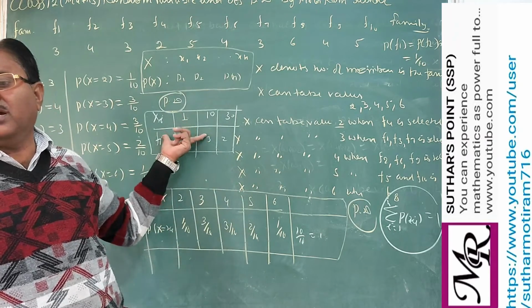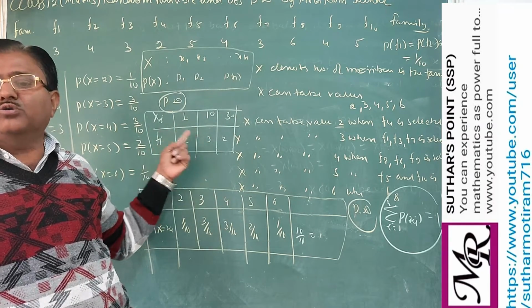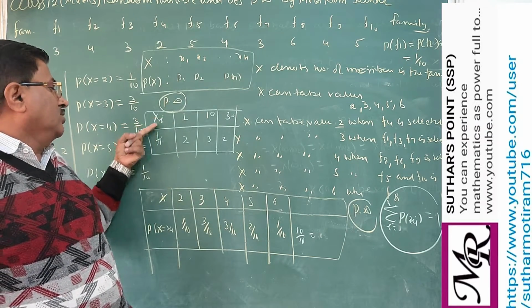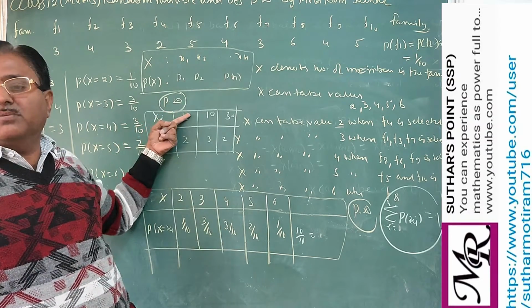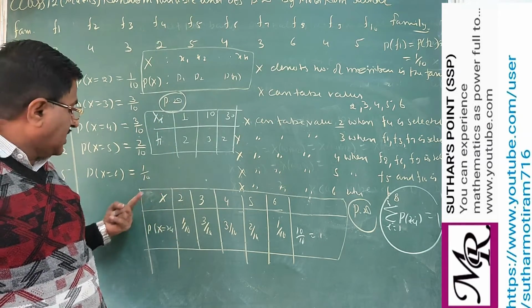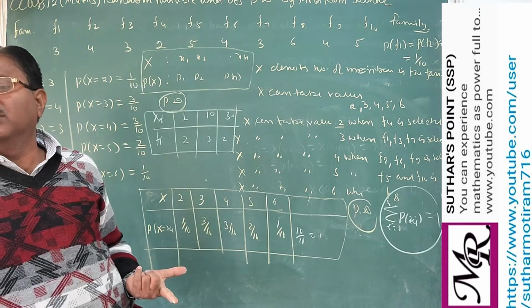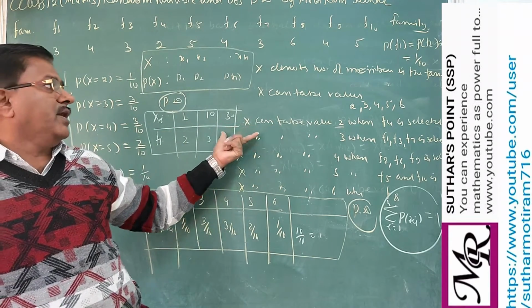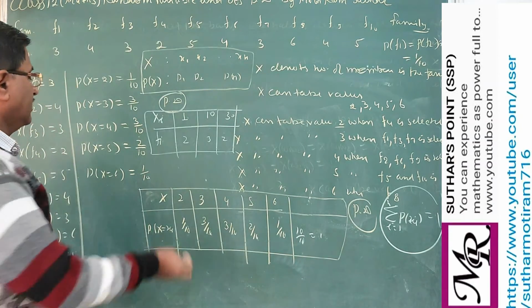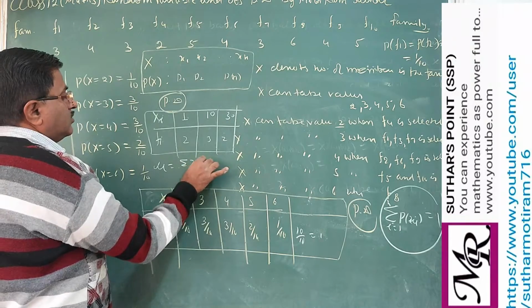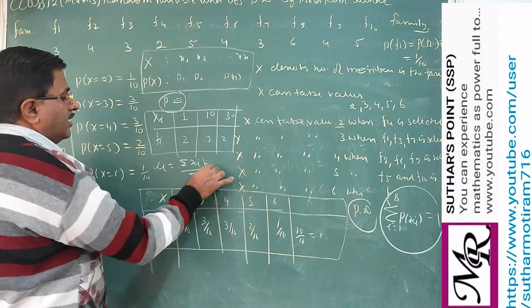Now compared with the frequency distribution, how to find the mean, the same method we have. If you want to find the mean of this data, you have to multiply xi into fi. Here also we have to multiply xi into pi. The mean of the frequency distribution is the summation of xi into fi upon the sum of fi.